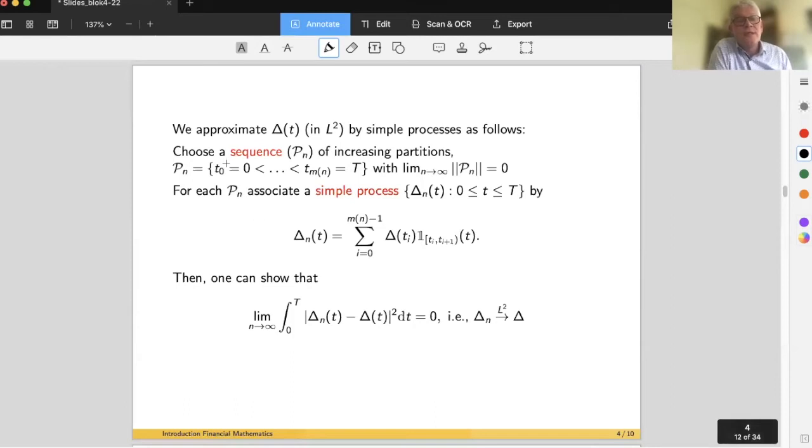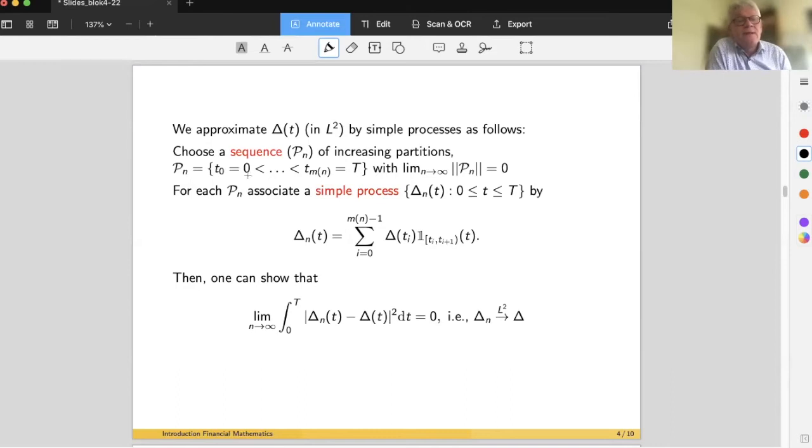We choose a sequence of increasing partitions, and we recall that these partitions we have earlier denoted by calligraphic P_n. P_n is a partition of the time interval from 0 to T into m_n pieces, the number of points related to n in this partition.